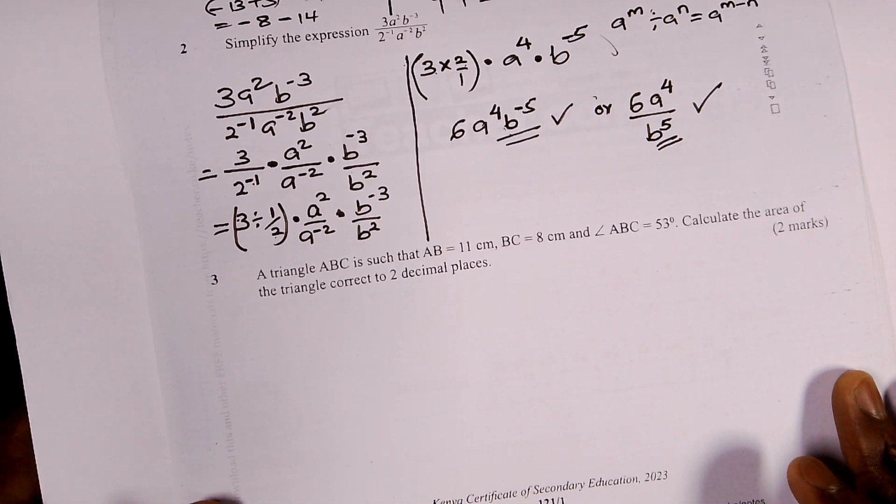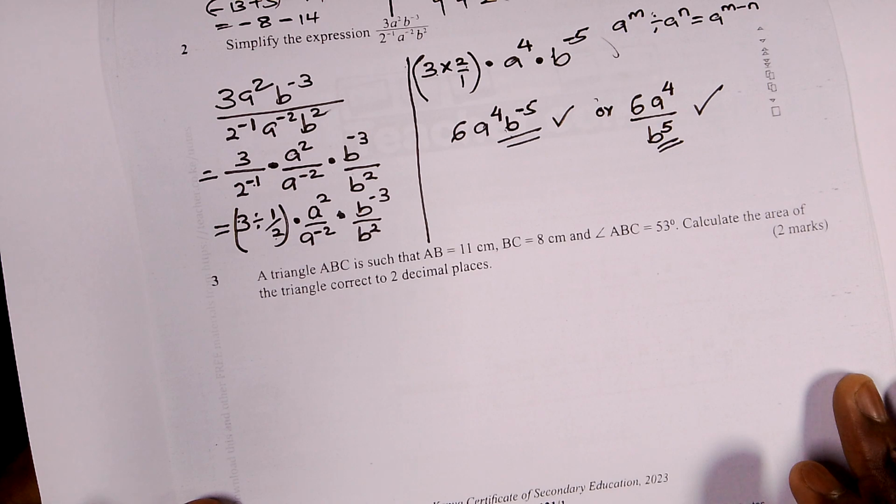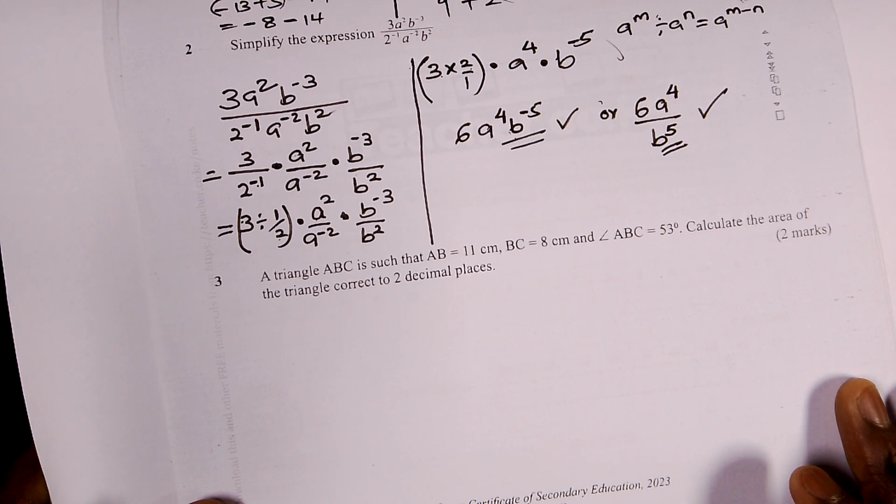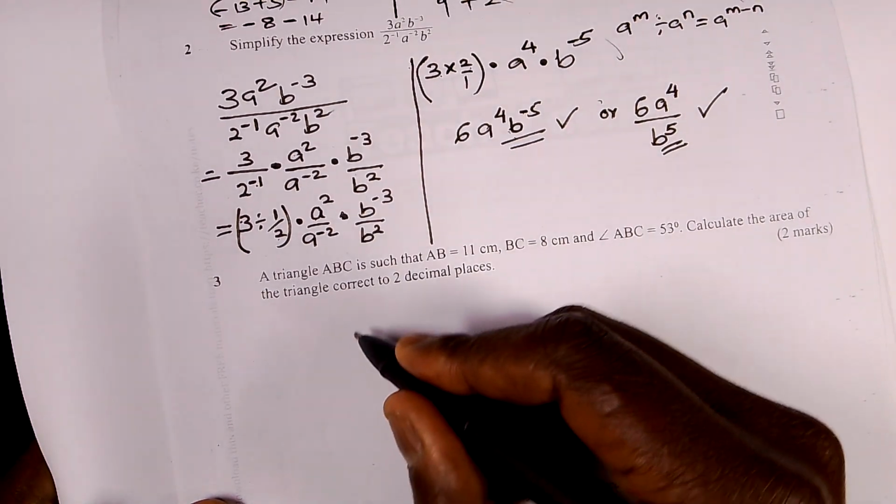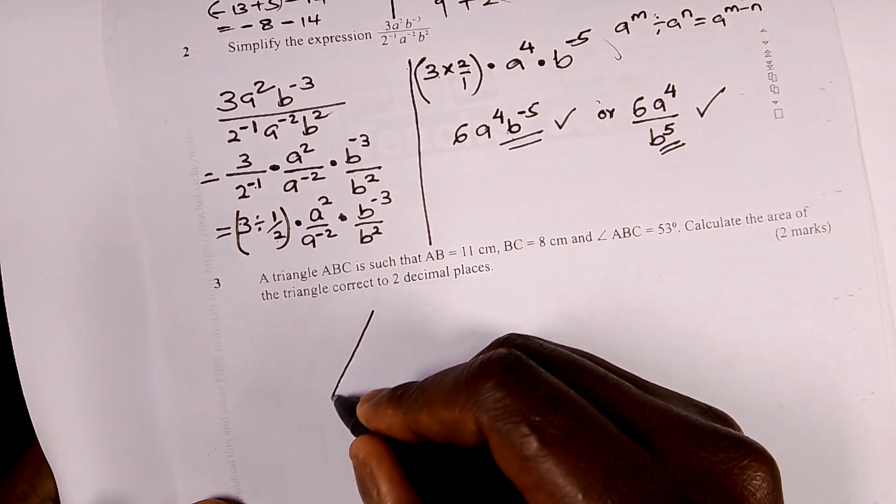Question number 3 reads, a triangle ABC is such that AB is 11 centimeters, BC is 8 centimeters, and angle ABC is 53 degrees. Calculate the area of the triangle correct to 2 decimal places. So we will draw our triangle here.